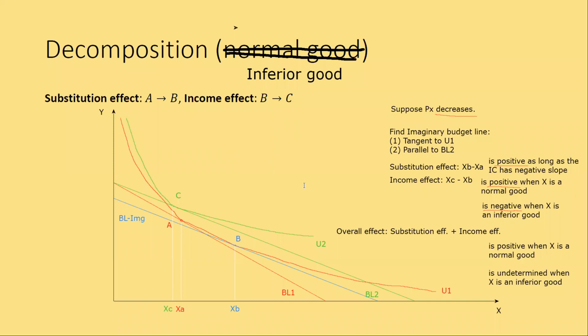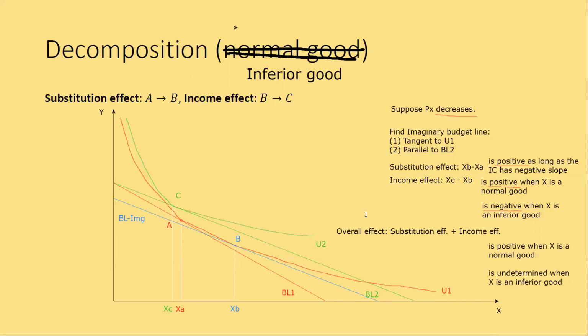So what is going on over here? This is saying that the income effect is not only negative, but it is so large that in absolute value, it is even larger than the substitution effect. Now, in this case, the income effect is still negative, right? So the good must still be an inferior good.